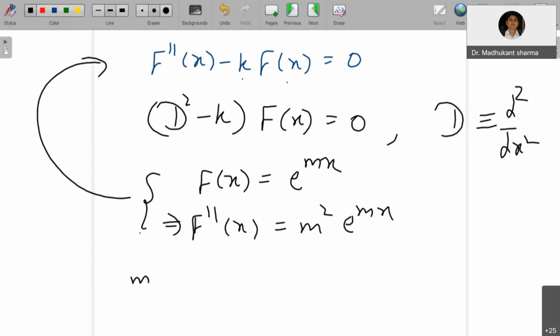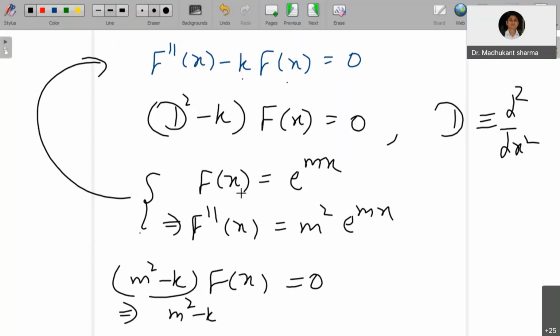what you will get is m square minus k times f of x equals 0. Now you are interested in a non-zero solution, keep in mind. So m square minus k is equal to 0, since e to the power mx will never be 0.